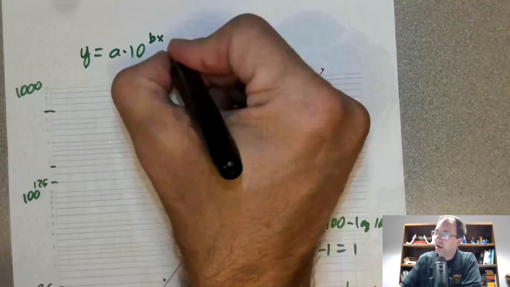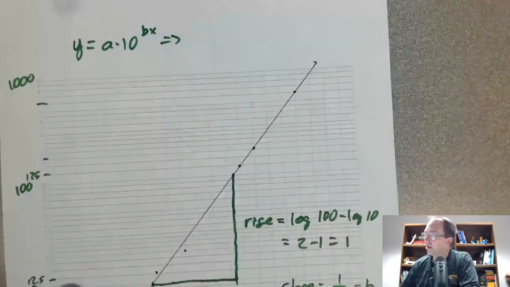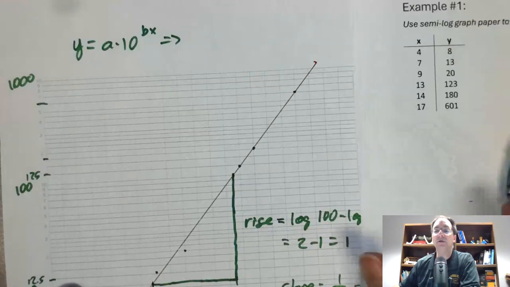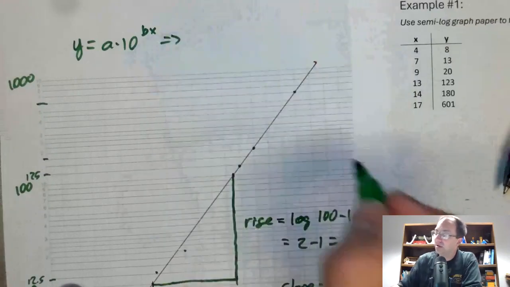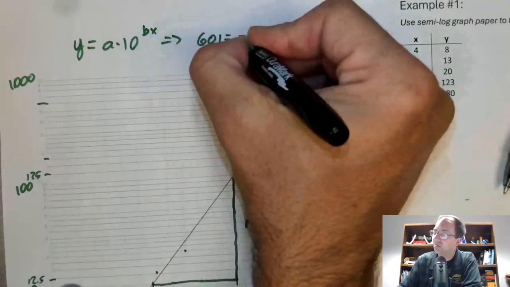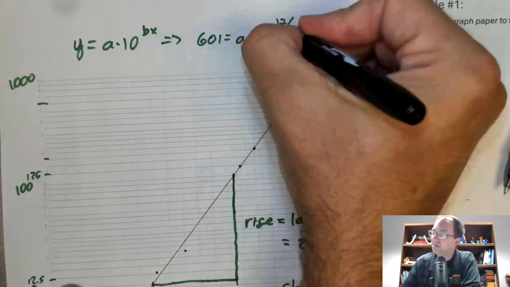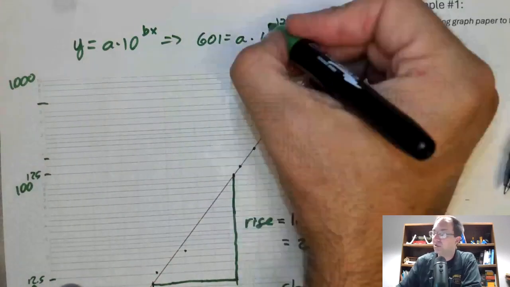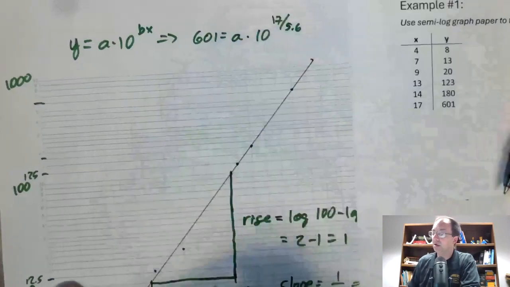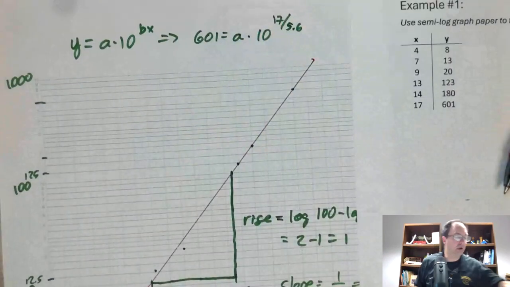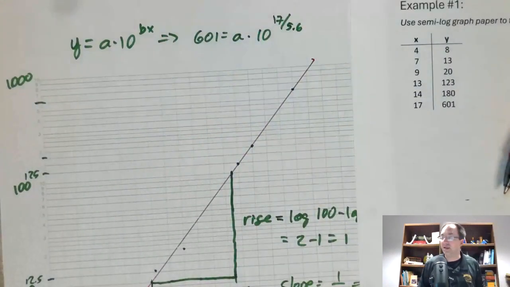And since we know that our data value is at x equals 17, y equals 601, then 601 equals a times 10 to the 17 divided by 5.6. And then we can solve that for a and see what we get.